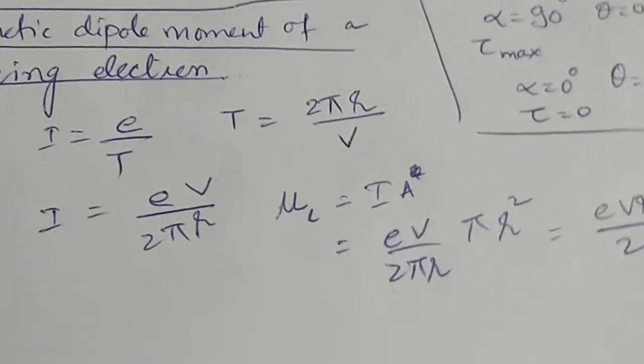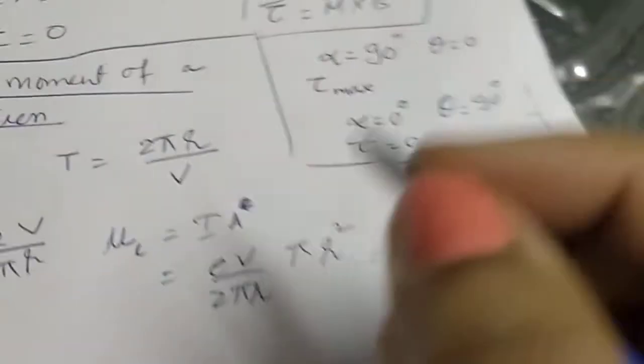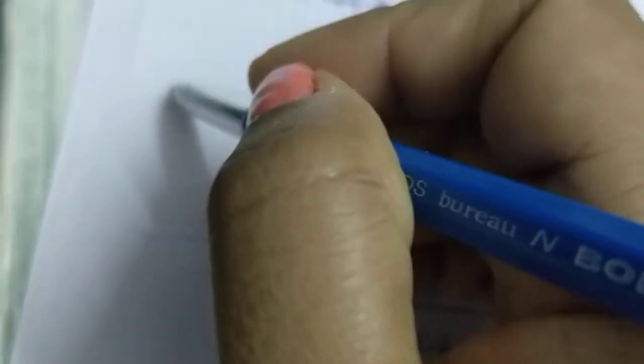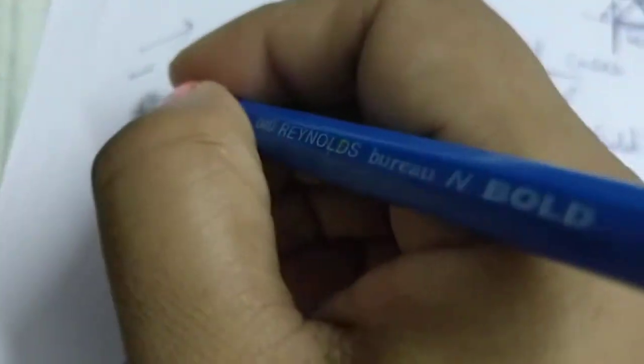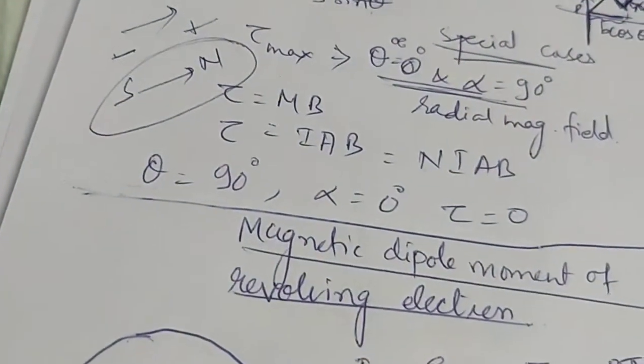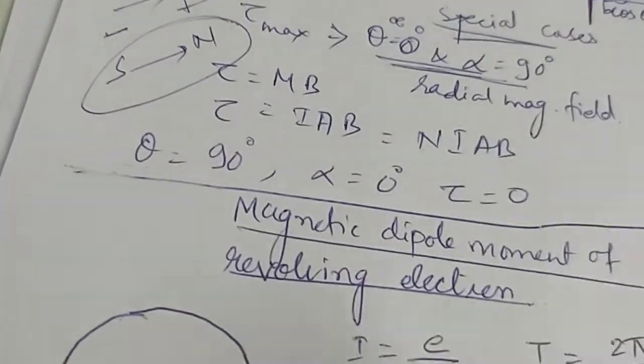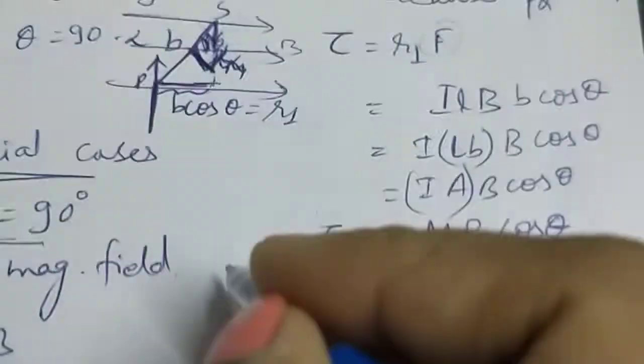What will be the direction of the magnetic dipole moment? Remember, in an electric dipole the direction of the electric dipole moment was from negative charge to positive charge. Here it is from south pole to north pole. And which pole is the south pole? If you remember, I showed you polarity.